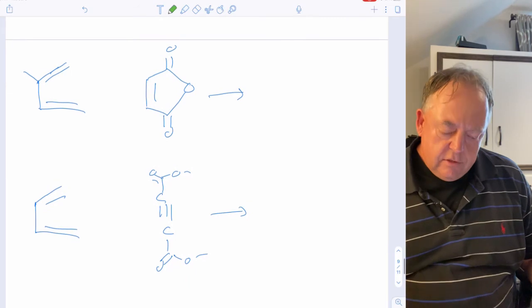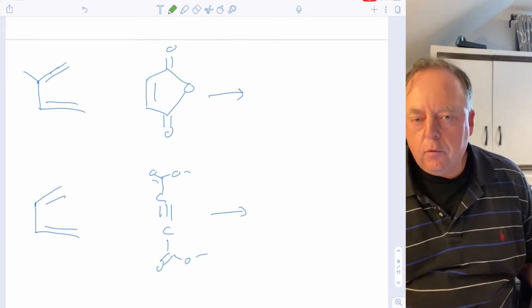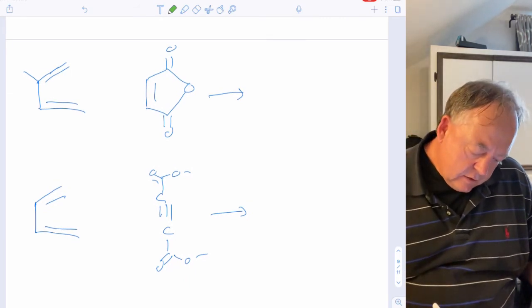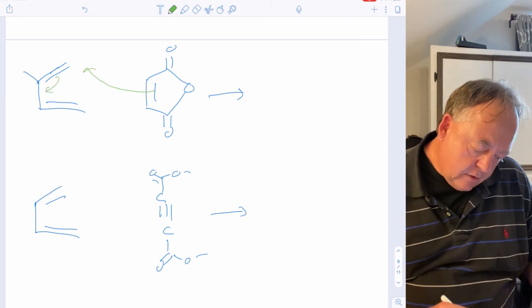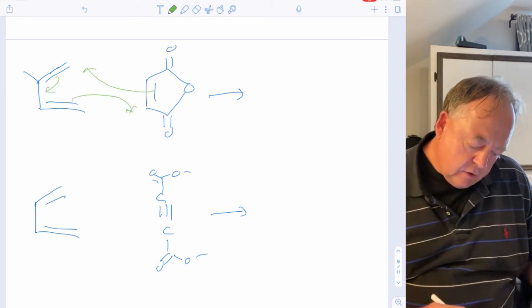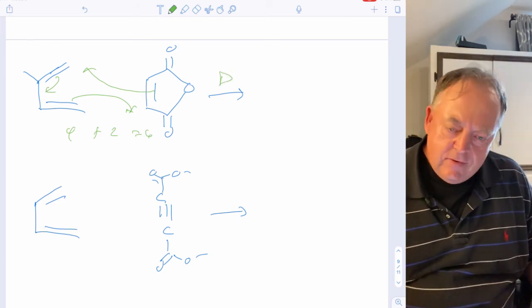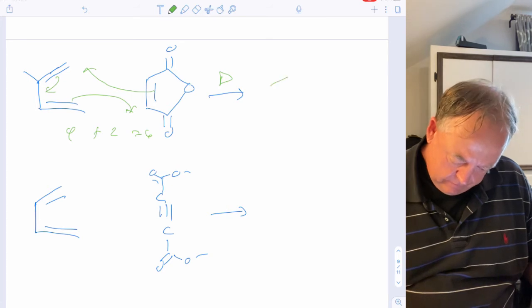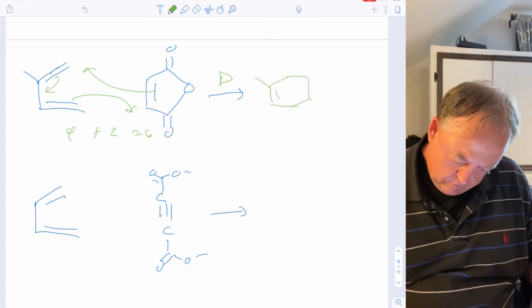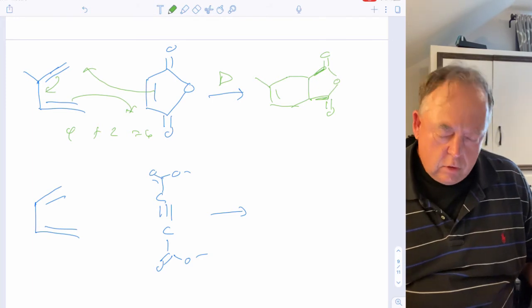Okay, so are they 4n plus 2 or are they 4n systems? So those electrons go there, those go there, those go there. So again, this would be a 4 plus 2, 6 electrons, so that's a 4n plus 2 system. So this requires heat. What would that look like? Product would look like that, right?